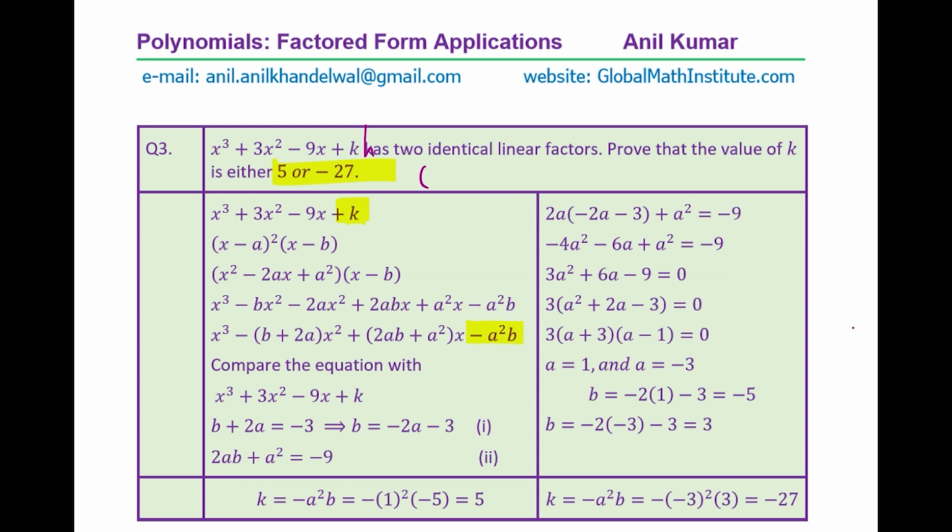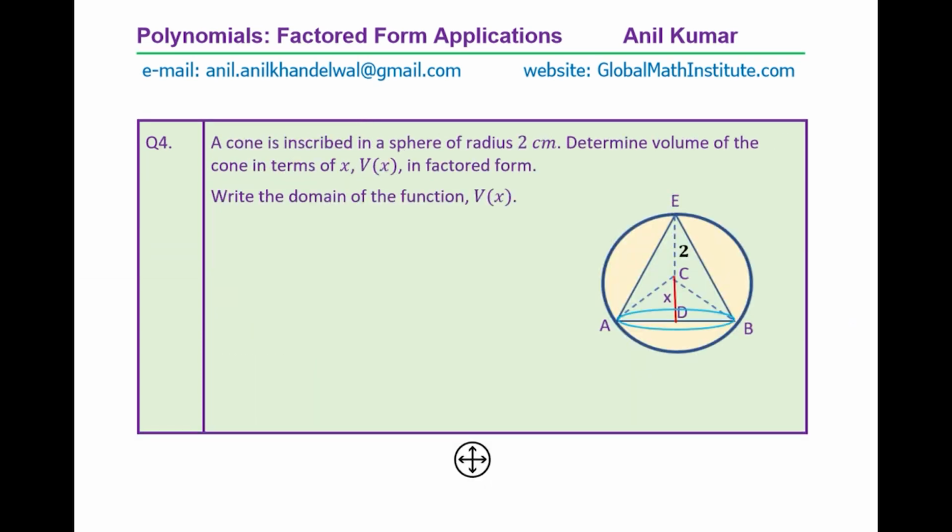Perfect. Okay, so now let's move on to our last question. It's an application question, a pretty challenging question actually. A cone is inscribed in a sphere of radius 2 centimeters. Determine the volume of the cone in terms of x, V of x, in factored form.